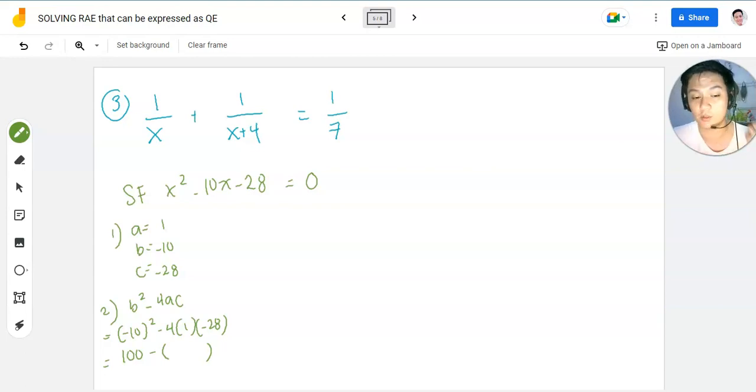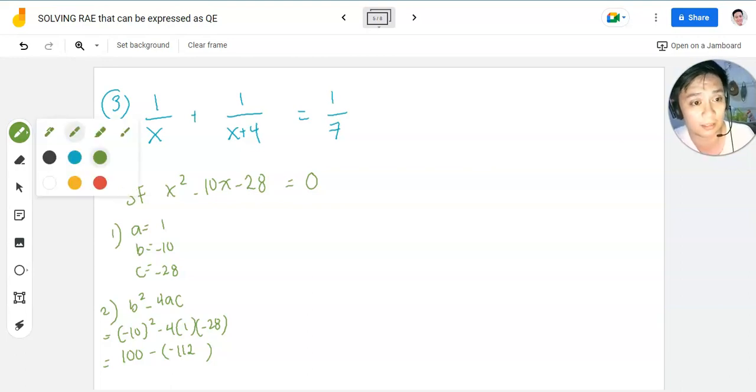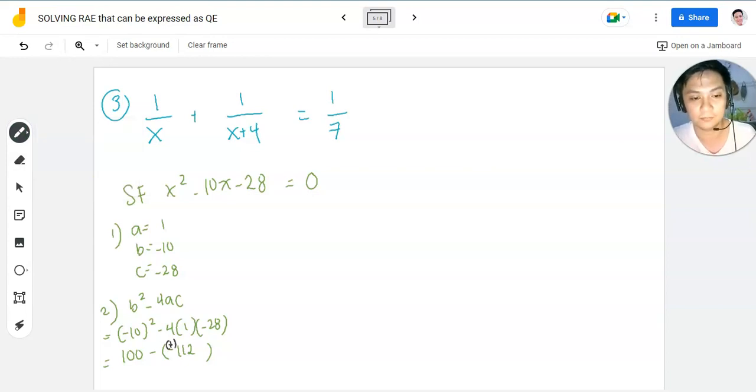Bali, negative 112 yun. Kasi 4 times negative 28 can be rewritten as 2 times negative 56. So, ayan. So, this becomes, syempre, in subtracting integers, we change the sign of the subtrahend. Then, we add. So, 100 plus positive 112 is 212.